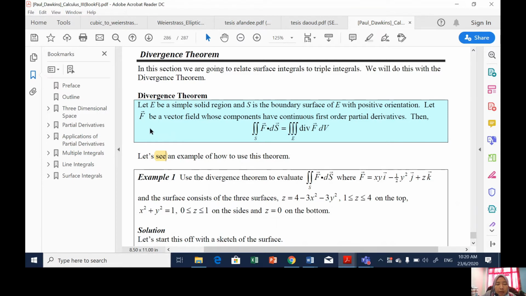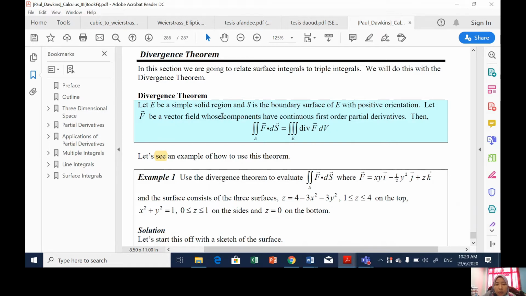Then F is a vector field whose components have continuous first order partial derivatives. Then the double integral over the surface S of F dot dS is equal to the triple integral over E of the divergence of F dV.